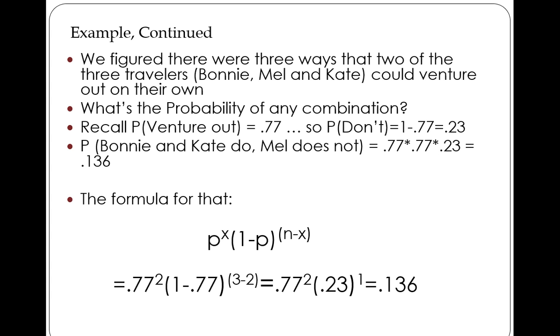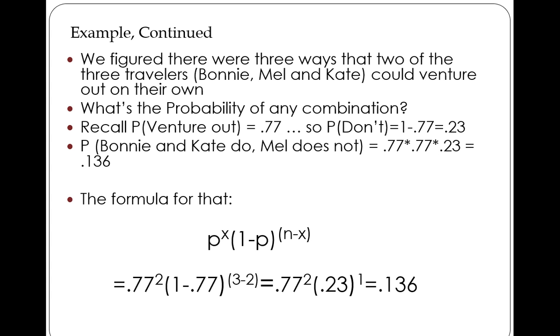That would be 2 successes out of 3. So the probability of that would be 0.77 for Bonnie going out, times 0.77 for Kate going out, times 0.23 because Mel does not go out. So this is Bonnie goes out and Kate goes out and Mel does not. So 0.77 times 0.77 times 0.23 gives us 0.136.